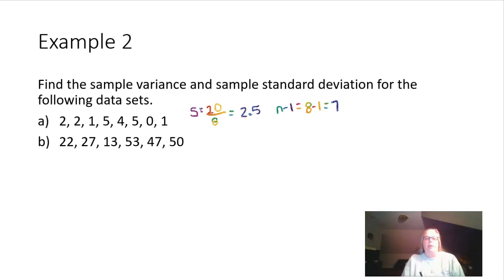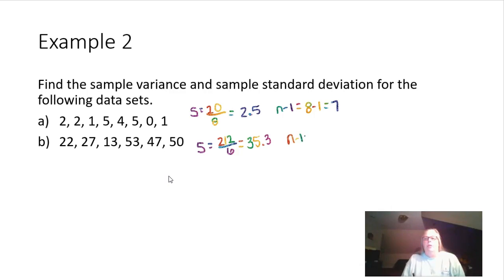All right, let's figure out part B. The mean is going to be 212 divided by 6, and this is going to give me 35.3, and that 3 is repeating there. I'm just going to leave it rounded to 1 decimal because part A was rounded to 1 decimal.